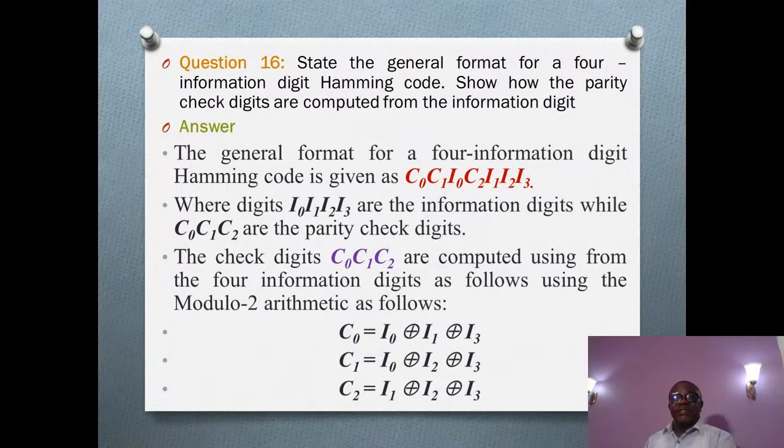Question 16: state the general format for a 4 information digit Hamming code. Show how the parity check digits are computed from the information digits. Of course, the Hamming code is a systematic code that helps you to spot bits that are in error at the receiving end.